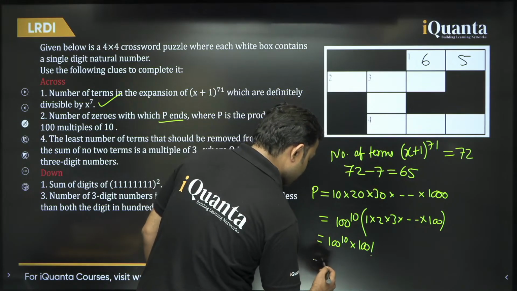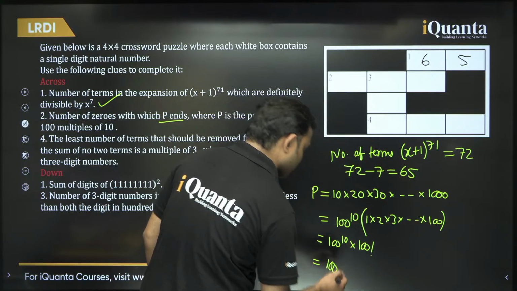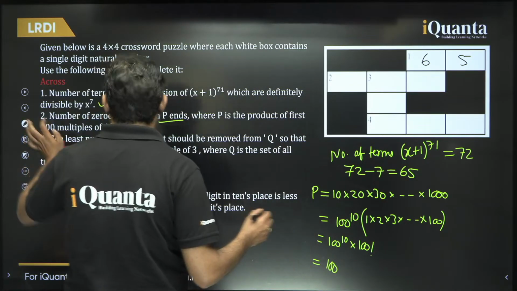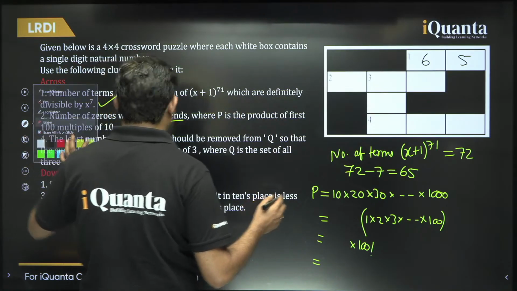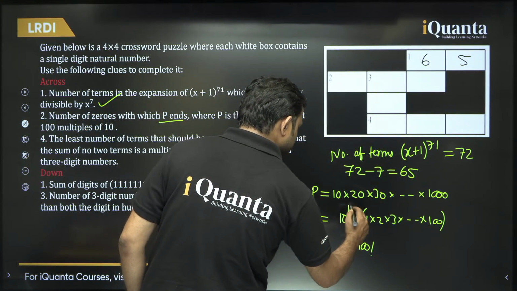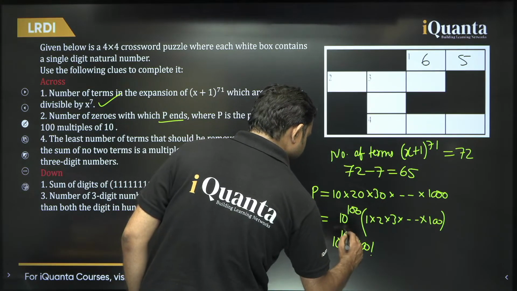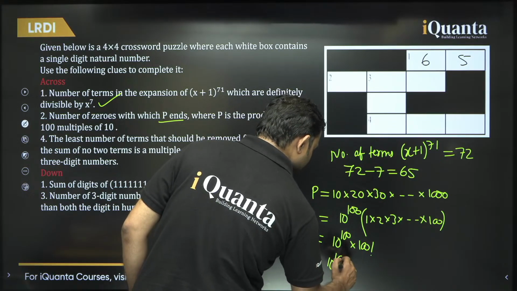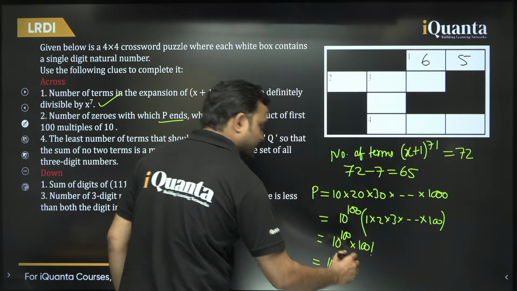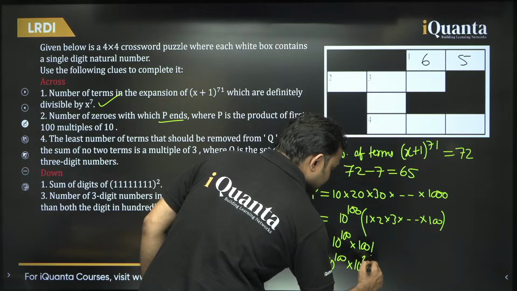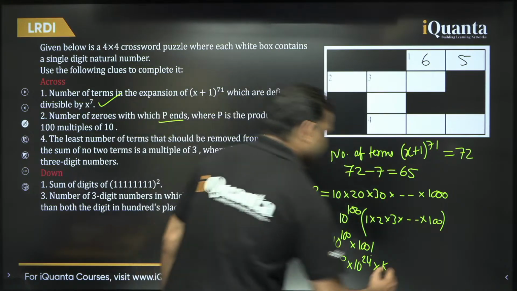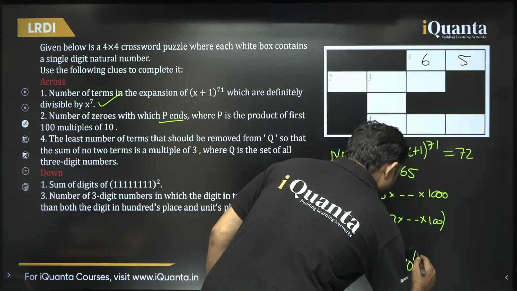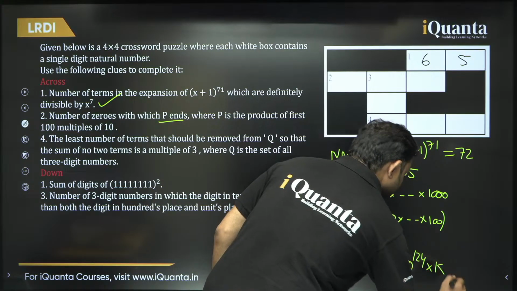So this won't be 100, this will be 10 to the power 100, because we are taking 10 from each of the 100 numbers. So it will be 10 to the power 100 into 100 factorial, which can be written as 10 to the power 24 into some value k, which will be equal to 10 to the power 124 into k.